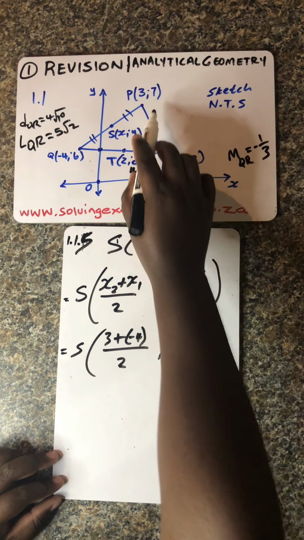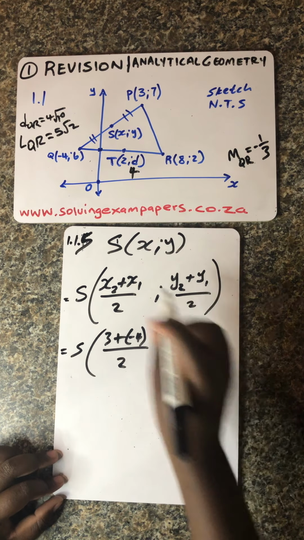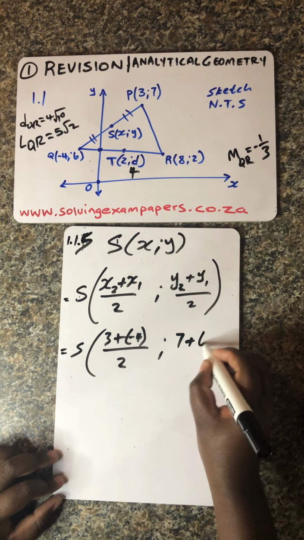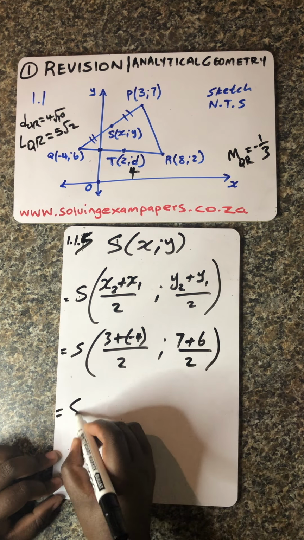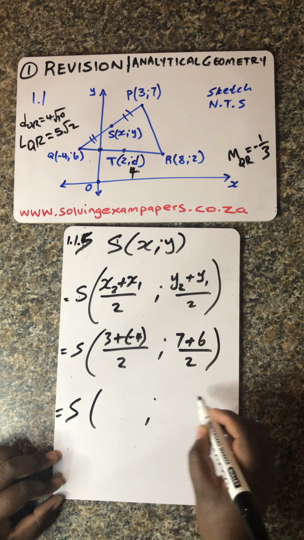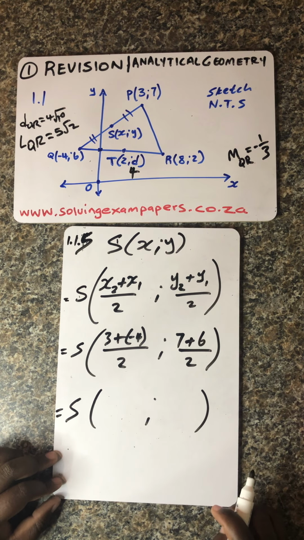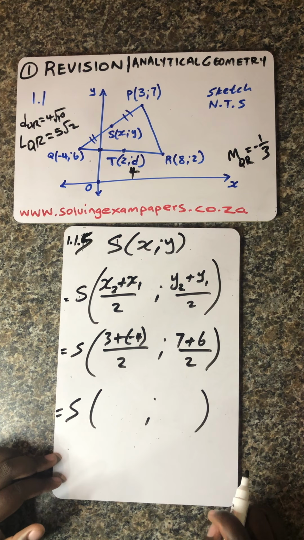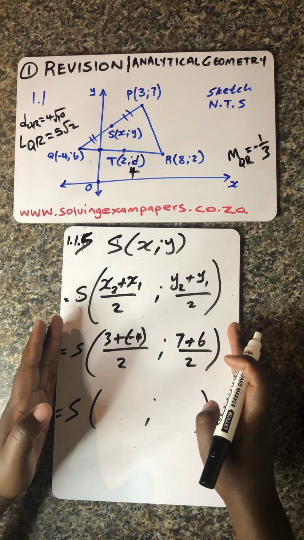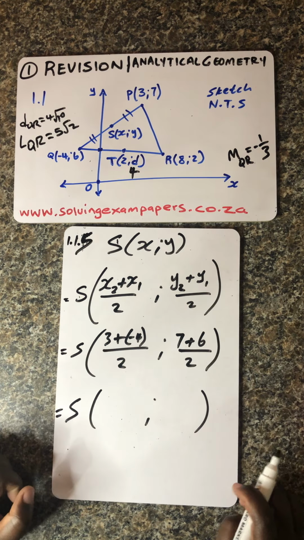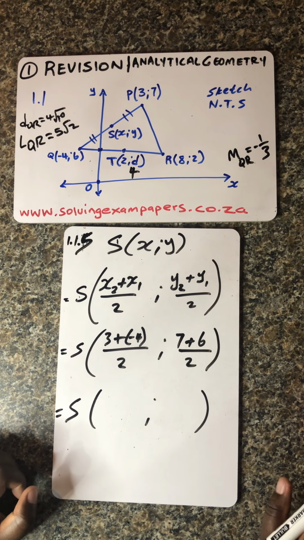Obviously, it's 7, plus our y1 is 6, divided by 2. So guys, we just give the coordinates now. In most cases, when you determine the coordinates of the midpoint using the midpoint formula, you just need the step of substitution, and the final step of providing an answer.